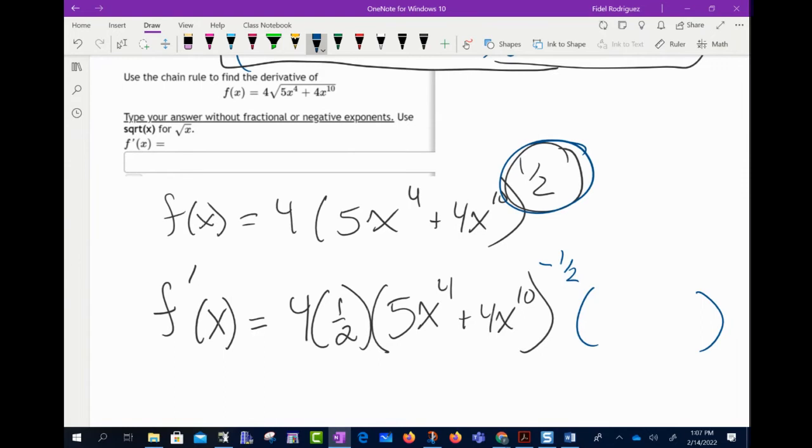Okay. So we're going to go through in pieces. Anybody know what's the derivative of 5x to the 4th? 20x to the 3rd. Excellent. Perfect. Plus, what's the derivative of 4x to the 10th? Power 9, right?